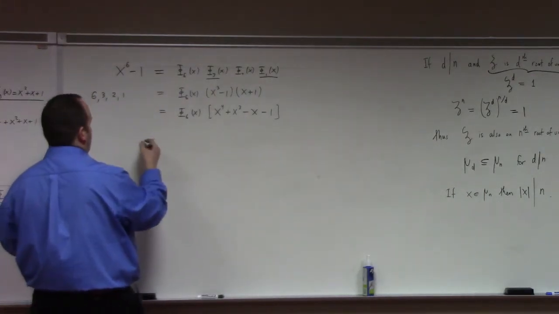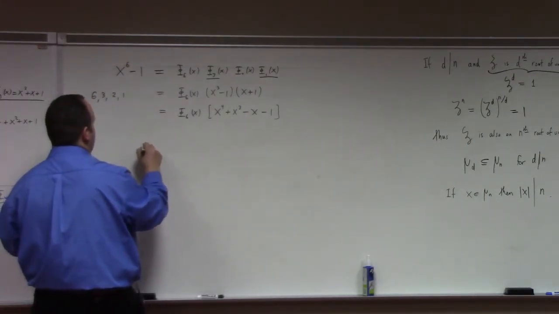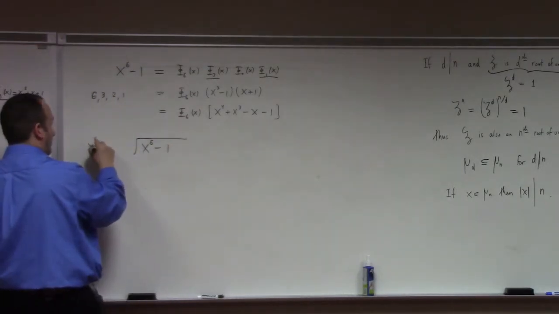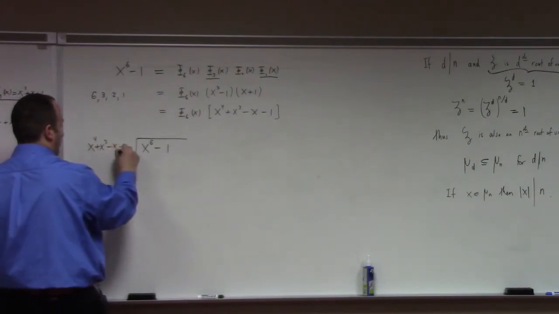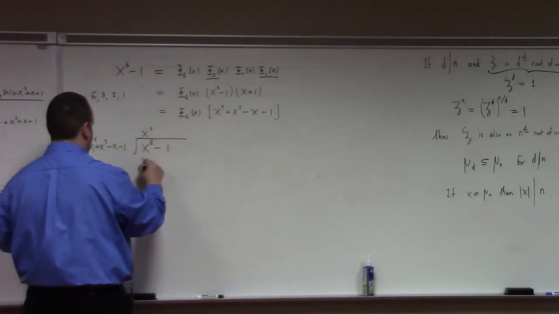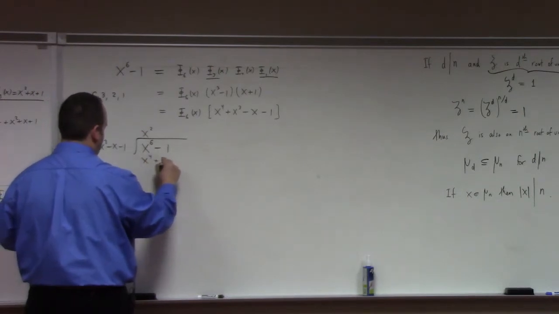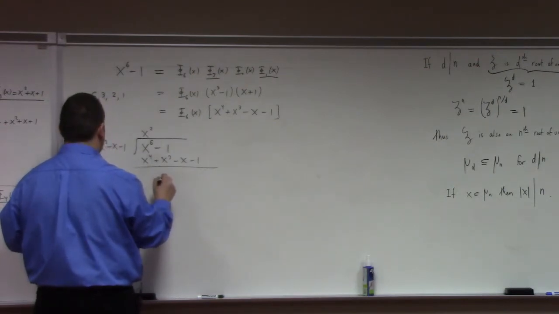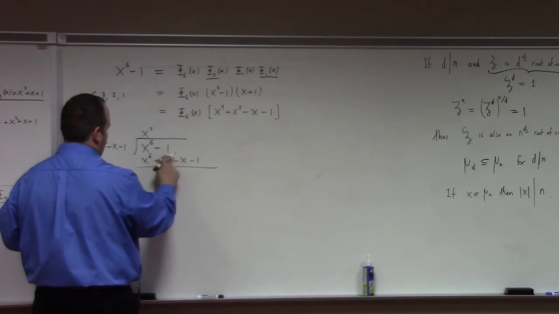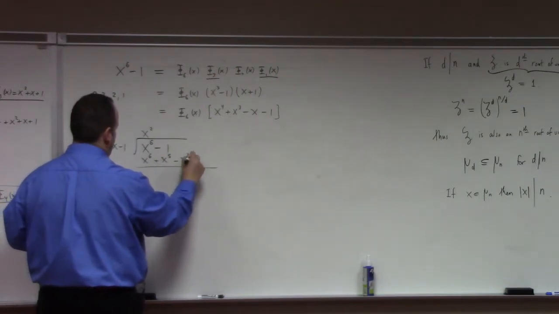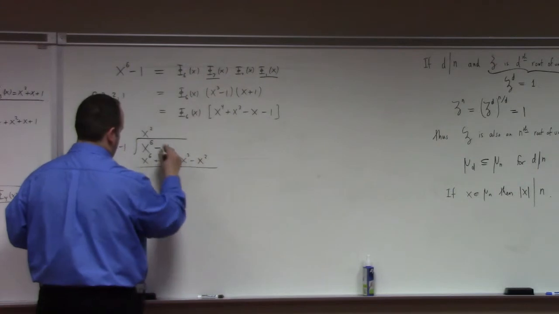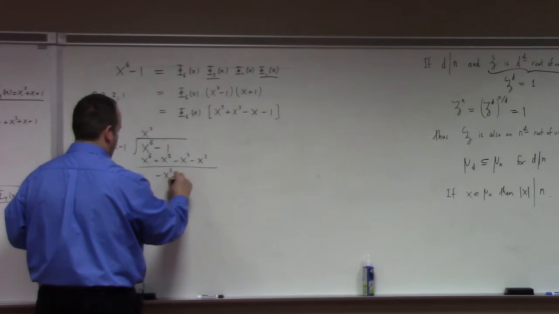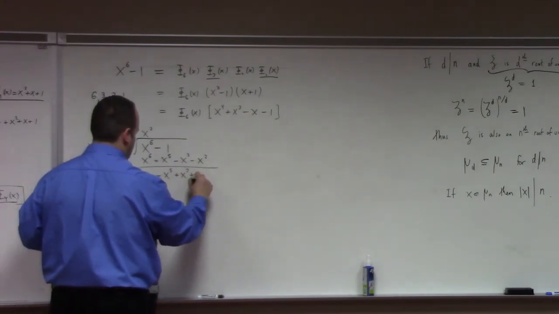And so we just got to do what? There are various approaches. I think I'll use long division since I don't want to think. So that gives me an x squared. X to the 6th, x to the 5th, x cubed, x squared. So that's minus x to the 5th plus x cubed plus x squared minus 1.